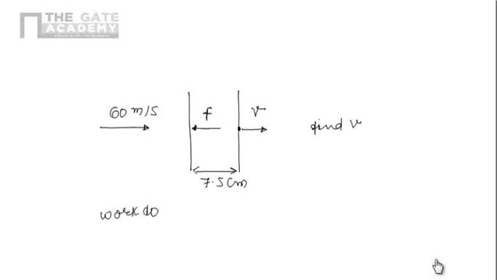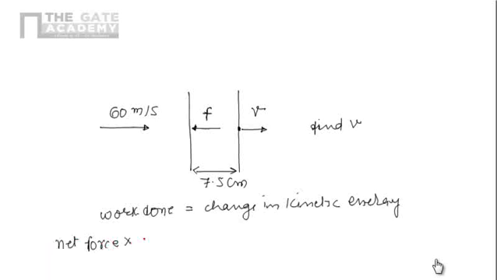Again, with the help of the work energy principle, we can find the value of V. So now our interest is to find V. We know work done equals change in kinetic energy. Work done is force, or we can say net force, into distance, equals the change in kinetic energy, which is 1 by 2 mv square, the final kinetic energy, minus 1 by 2 mu square, the initial kinetic energy.